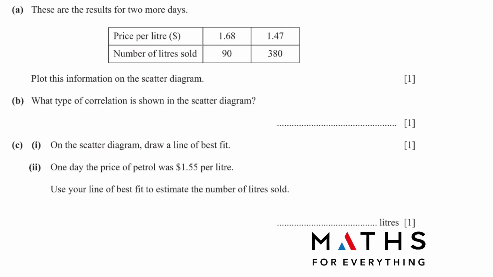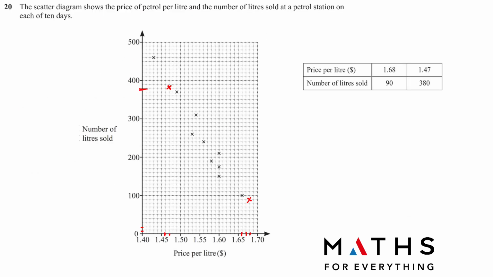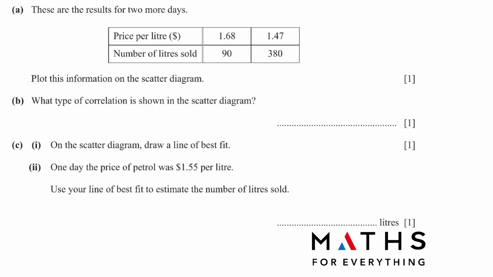Next question. What type of correlation is shown in the scatter diagram? All the points are going down. If the points go down, it's a negative correlation. If the points go up, it's a positive correlation. On the scatter diagram, draw a line of best fit.